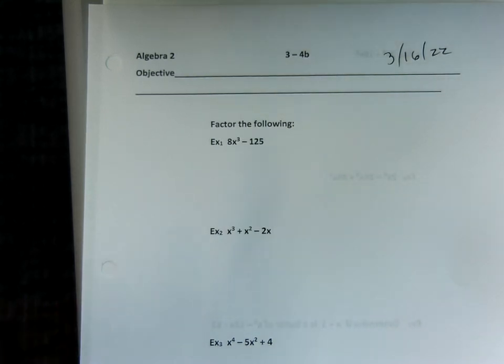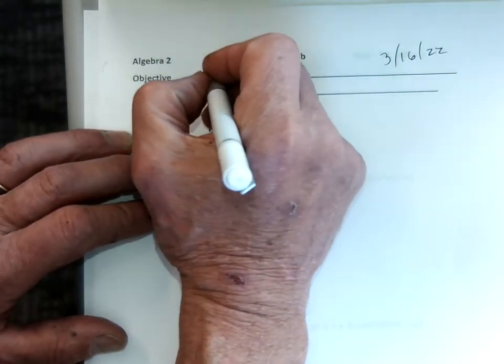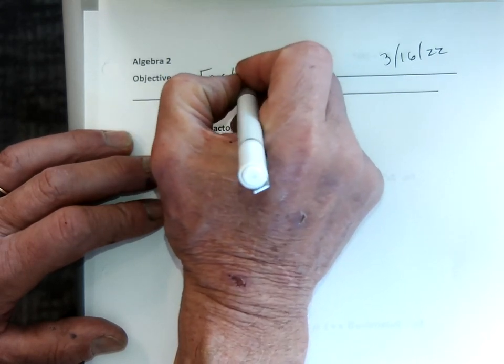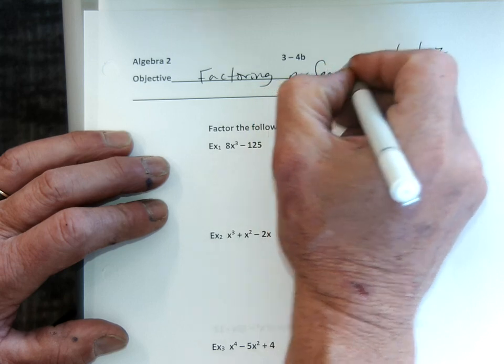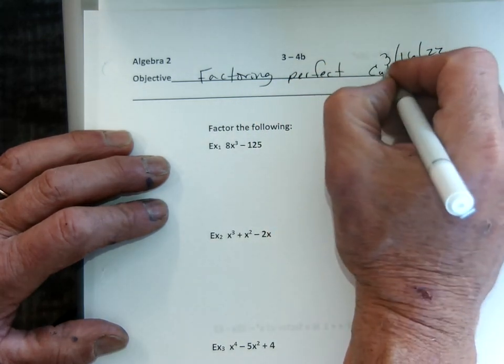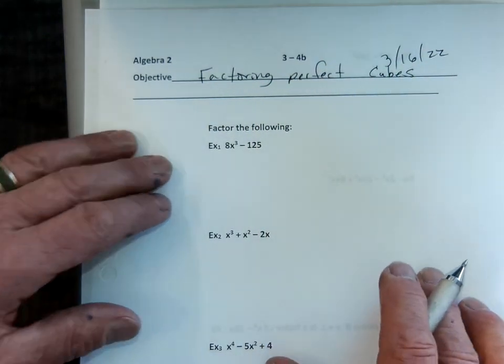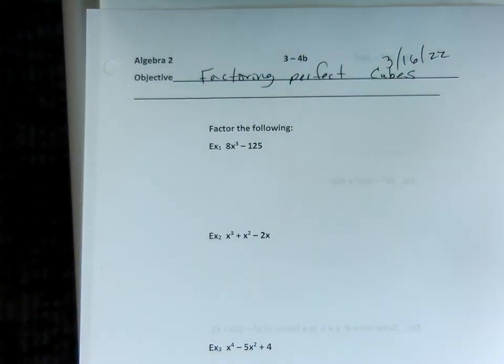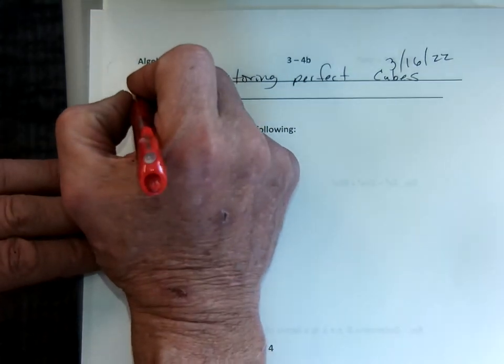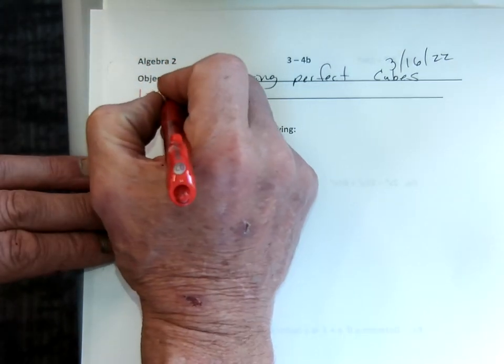Okay, so today we're going to be factoring perfect cubes. Before I start, let's put down some numbers that we know. We know that 1 is equal to 1 cubed.